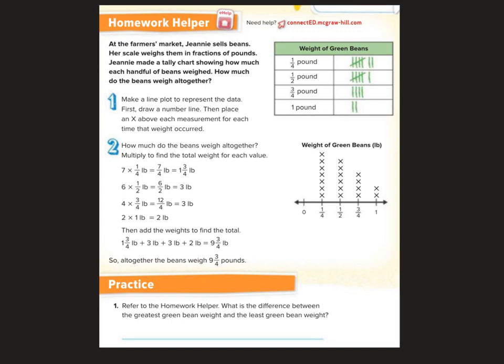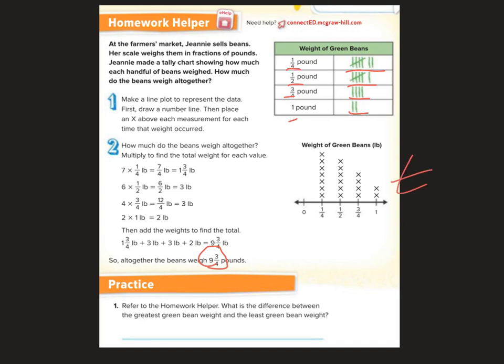So first they multiplied 7 times 1/4, 6 times 1/2, 4 times 3/4, and 2 times 1. So when they multiplied it all together the beans weighed 9 3/4 pounds.